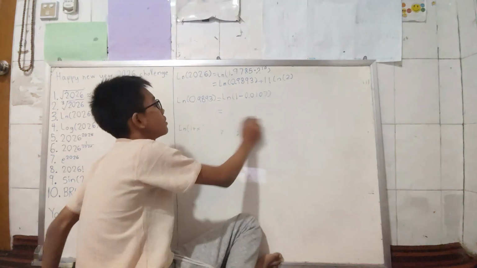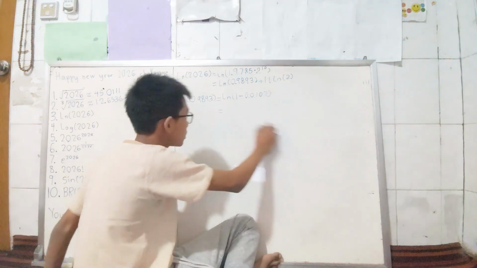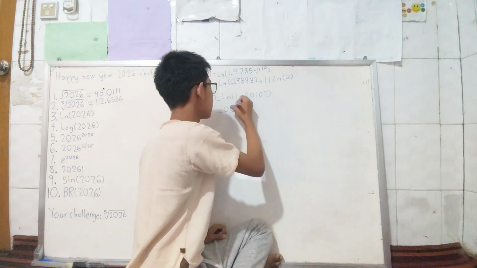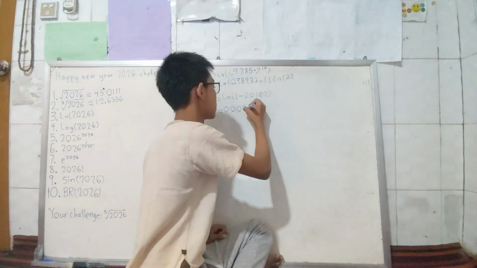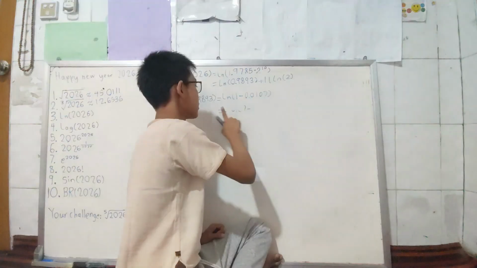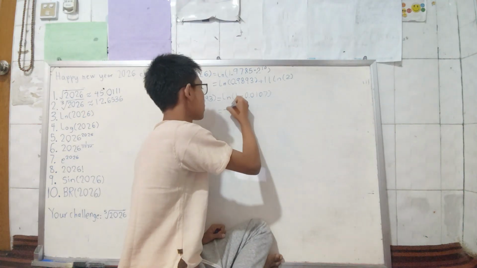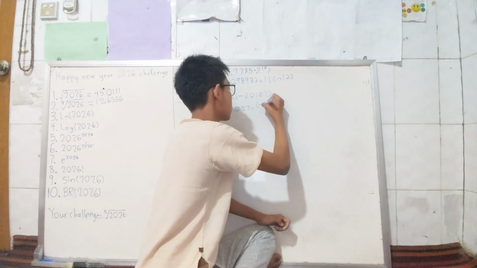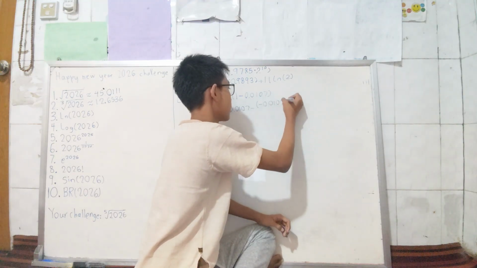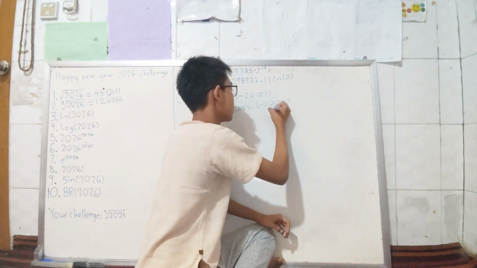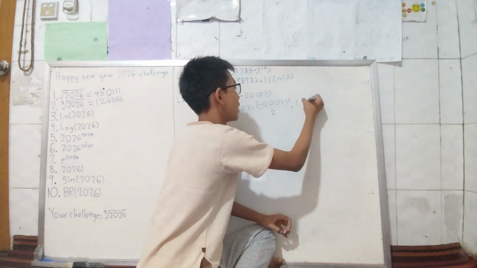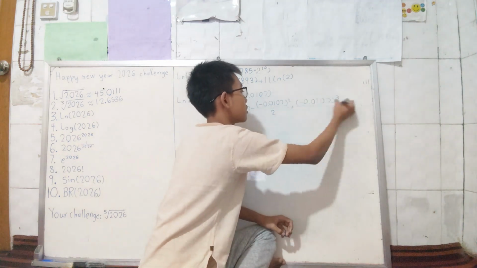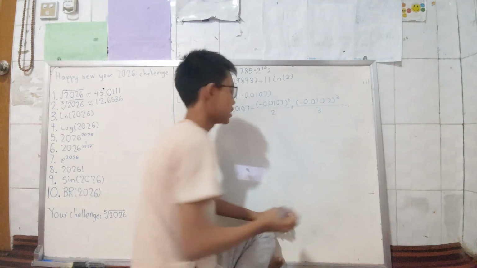So I'm gonna do that. So that's gonna be negative 0.0107 minus 0.0107 whole square over 2 minus, and so on.